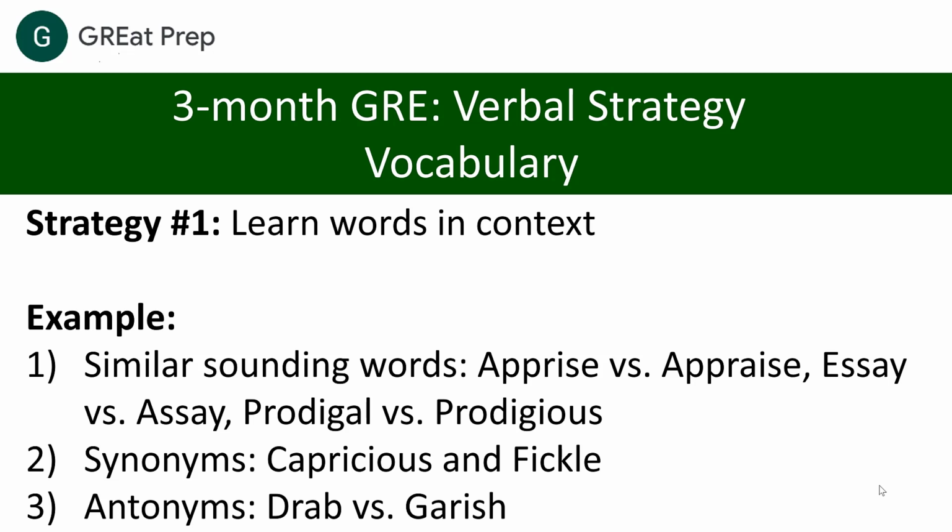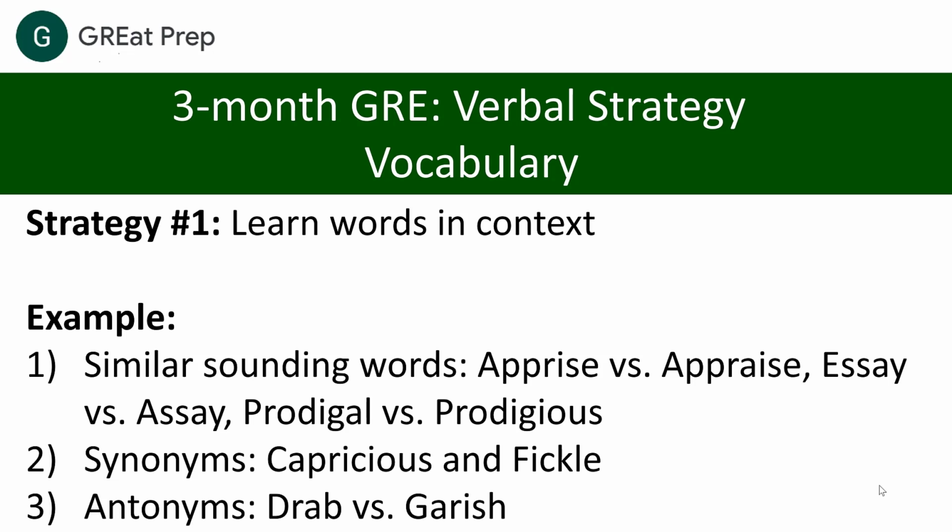Last but not the least is antonyms. There are words which mean completely opposite of each other. If you study them in isolation, that'll be two words that you have to remember by rote. However, combining these GRE words into one list, which are antonyms, can help you remember these words better.